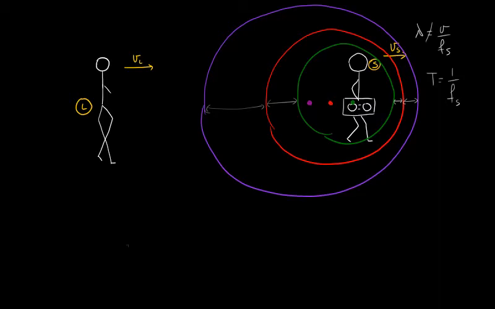Let's say the source initially was at this point, and it would emit a wave at some frequency. This wavelength, let's call it lambda, will be the traveled wave distance, which equals V times the period, or simply V over the frequency of the source.